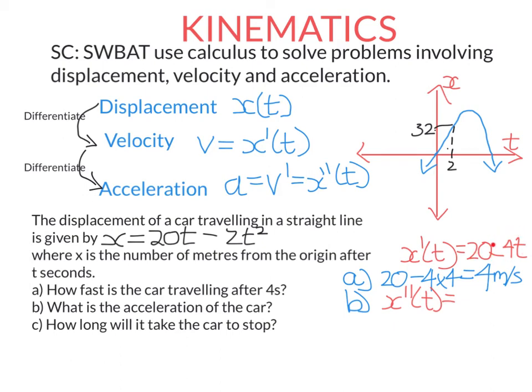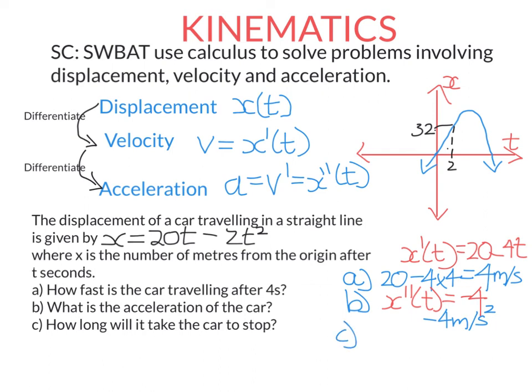And to differentiate minus 4t, I just get minus 4. So the acceleration is minus 4, and we write it as meters per second squared. Here the acceleration is constant, and it's negative, which means the car is slowing down. The velocity is decreasing.